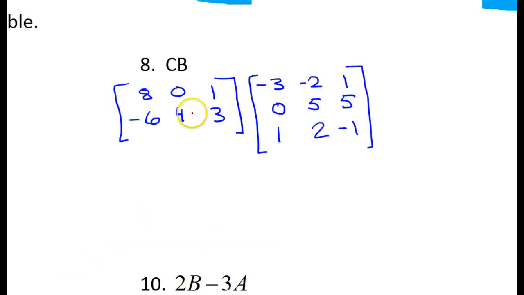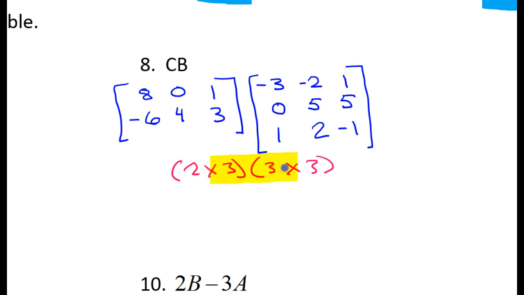For number 8, we will do matrix C times matrix B. Again, we must start with our dimensional analysis. Matrix C is a 2 by 3 matrix, 2 by 3. Matrix B is a 3 by 3 matrix, 3 by 3. So first we ask ourselves if this is possible.